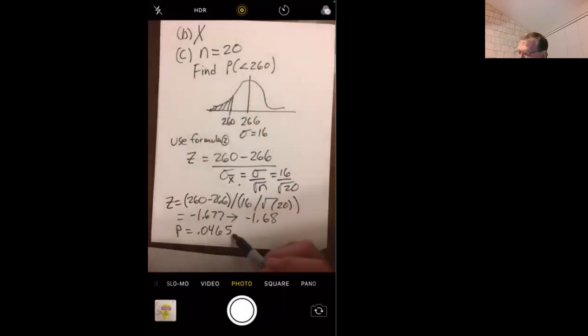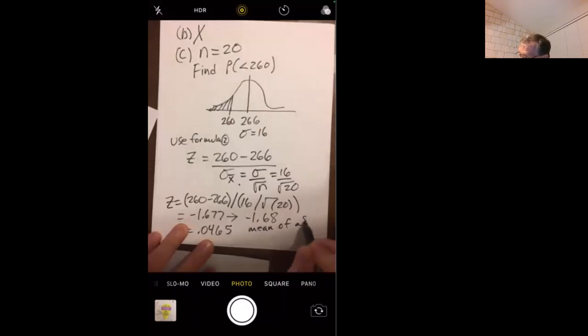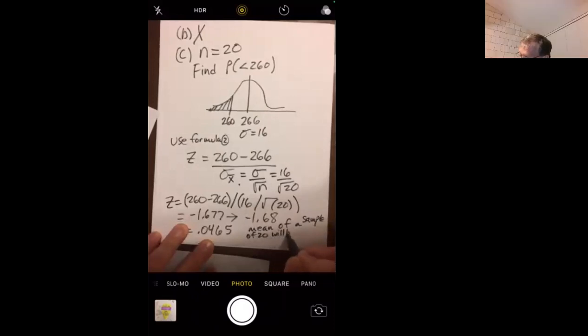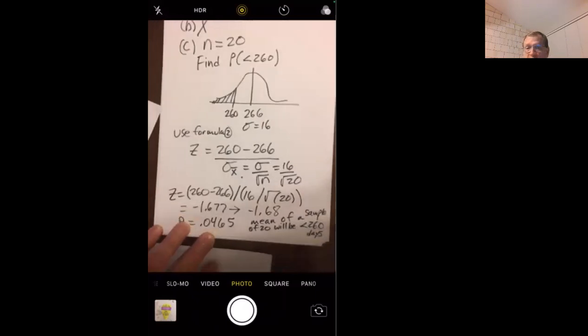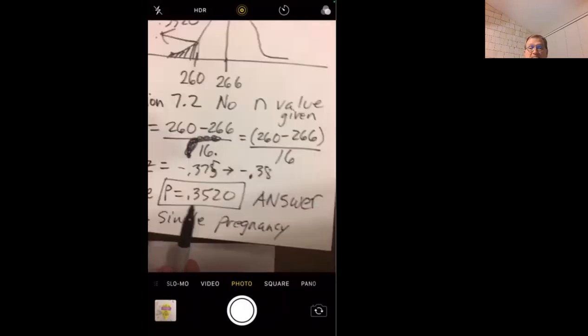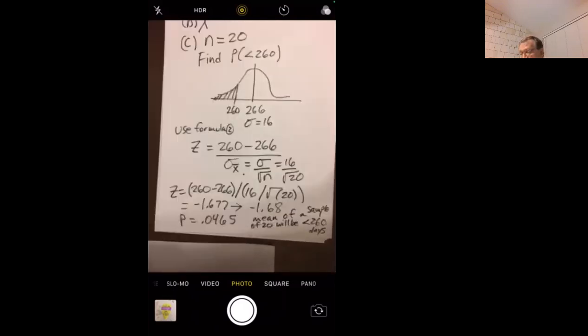And you see it's a lot lower chance that a mean of a sample of 20 will be less than 260 days. See how much lower a chance of that happening is than a single pregnancy. So that's the difference in the problems.